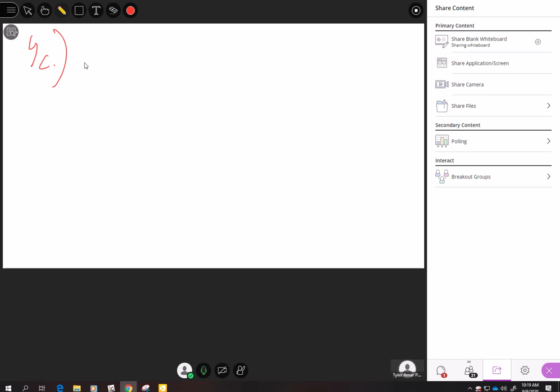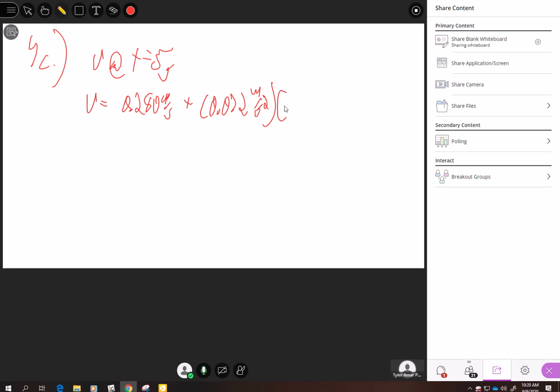Okay. So we take the first order derivative, and we plug in at C, and we find the velocity at time 5 seconds. So the velocity is equal to, in the x, 0.280 meters per second plus 0.072 meters per second squared times 5 seconds.